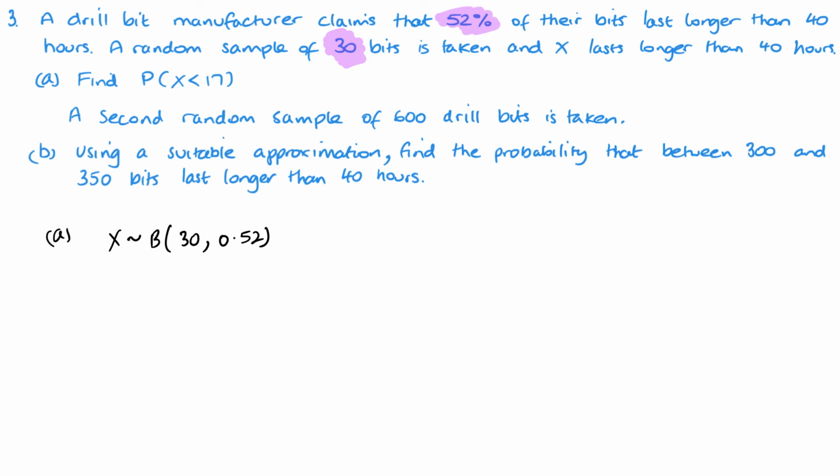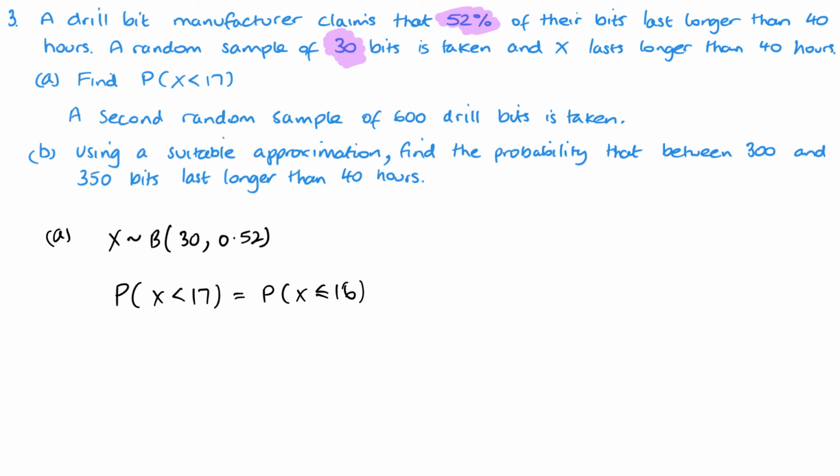And this first part is just find the probability that X is less than 17. The probability X is less than 17 is discrete data, so I want an equals in there. So that's the probability that X is less than or equal to 16. So that's got to be my first setup. And then from here it's using what we did in the earlier chapters, unit 1.